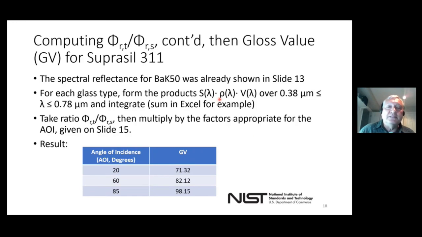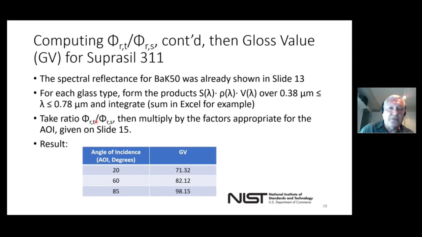The next thing to do is to compute the spectral reflectance of the BAK50 standard, and that was already shown in a previous slide. I think it was 13. So what you want to do is form the product of the illuminant S times the reflectance rho times V lambda, which is the 1931 Y photopic observer function.